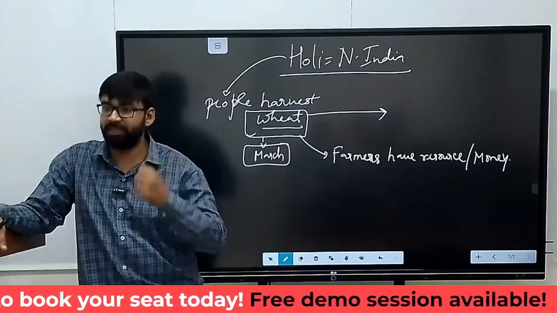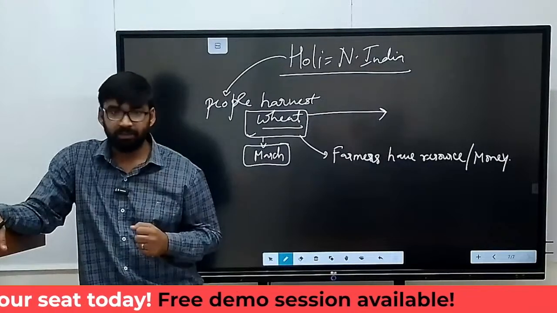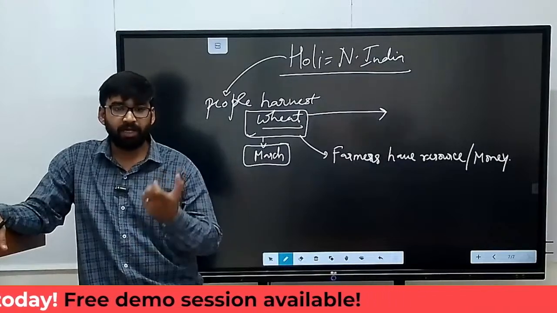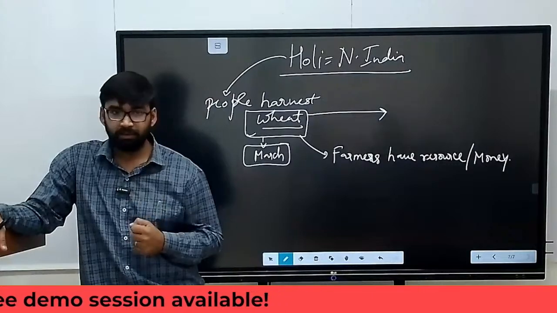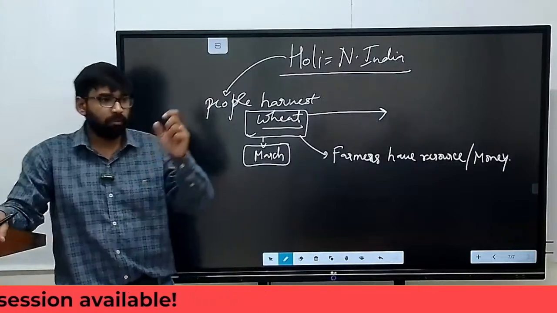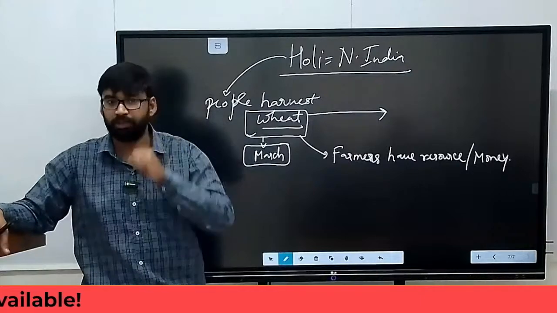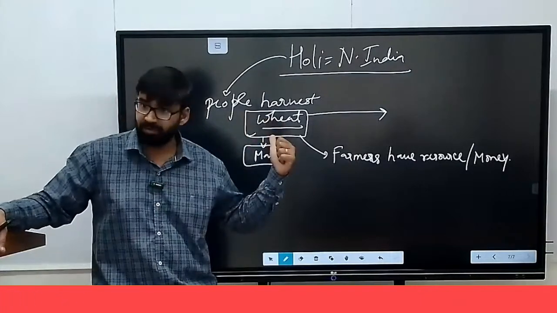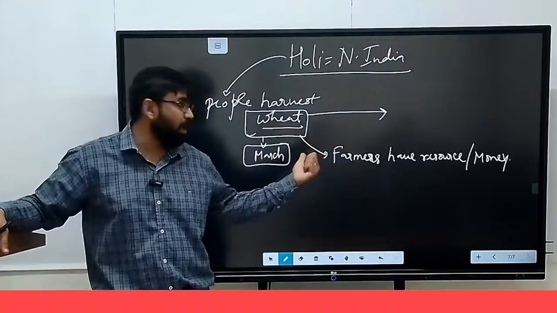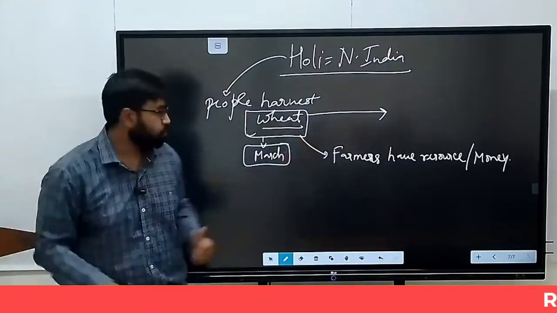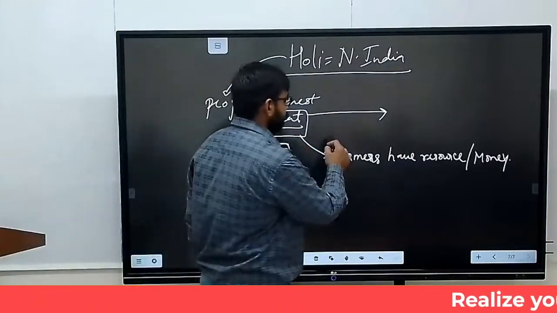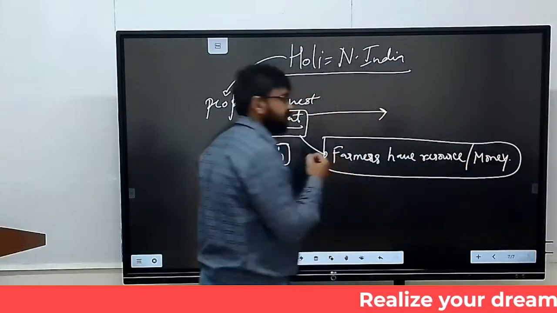Agriculture comes under the primary sector. Getting my point? So agriculture gave us raw material. If you want to manufacture cloth of cotton, then cotton must be cultivated, and this is a part of agriculture only. So you will see that farmers have resources, farmers have money.